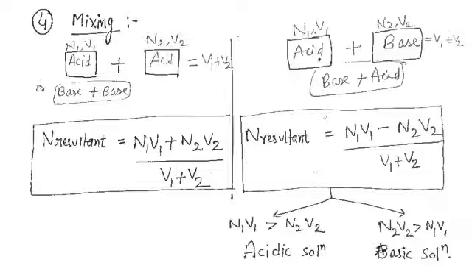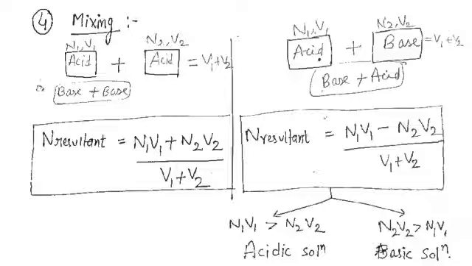And if you have to tell whether your resultant solution will be acidic or basic, you have to see which of N1 V1 or N2 V2 has the higher magnitude.